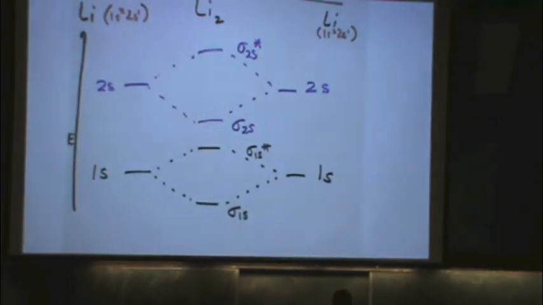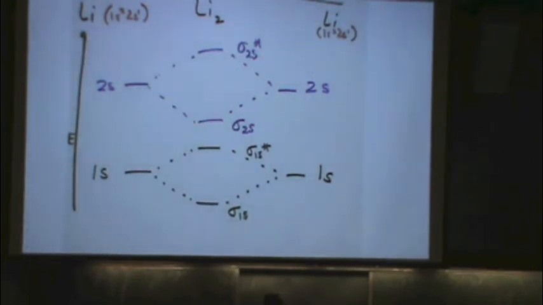This should look identical to the bottom one, except that 1s is replaced by 2s. Otherwise, it should look the same. Except the 2s is higher energy because n is larger, or 2 is larger than 1. So it's a higher energy on the y-axis. So when you get into your 2s orbitals, they're actually identical to your 1s orbitals.